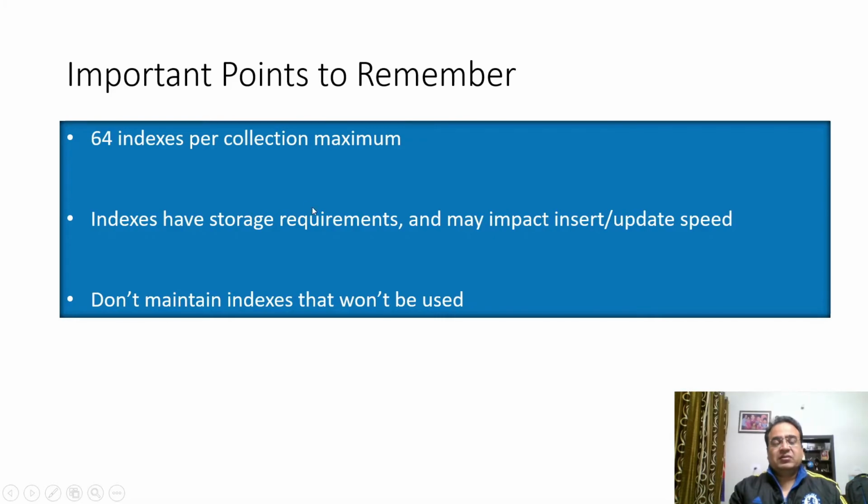Important points to remember: you can have a maximum of 64 indexes per collection. Indexes have storage requirements. You also have to consider whether it is a heavy write application, as that may impact insert and update speed. Please consider those requirements: you will need additional storage space, and it can reduce the speed of insert and update, because the corresponding index also has to be updated at the time of insert or update.